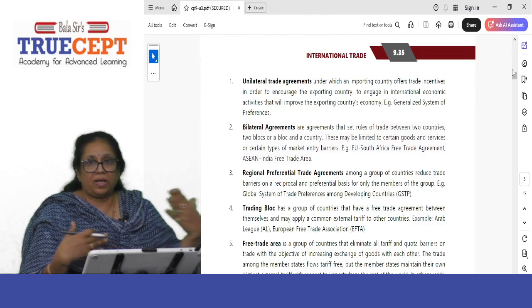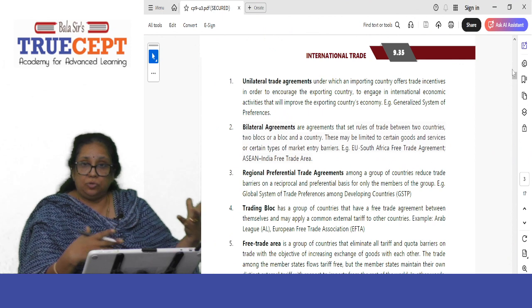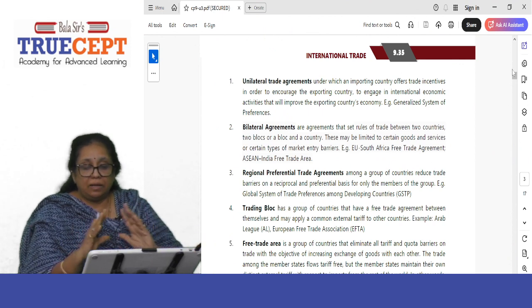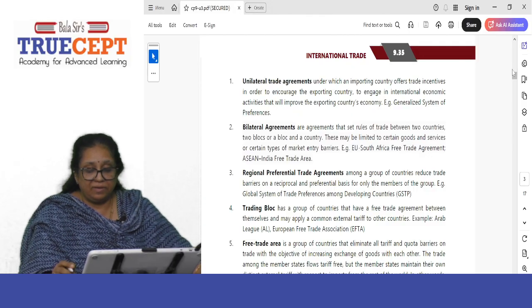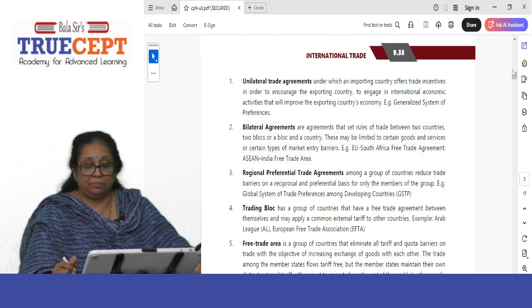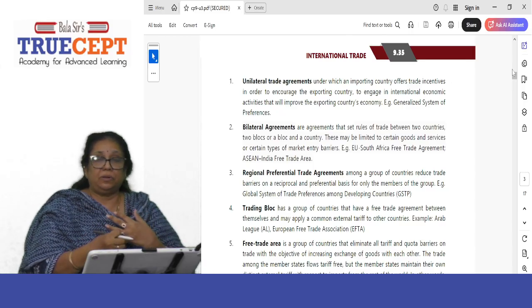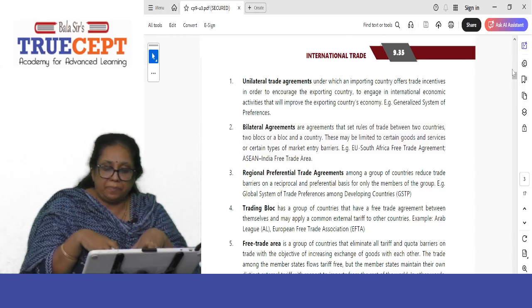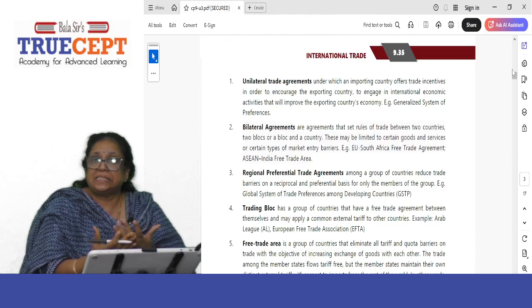Between two blocks can be between EU and ASEAN. So there are different ways a bilateral trade agreement will work. Then you have regional preferential trade agreements among a group of countries, which reduce trade barriers on a reciprocal basis among the members of that particular group, like the EU has an understanding inside itself.